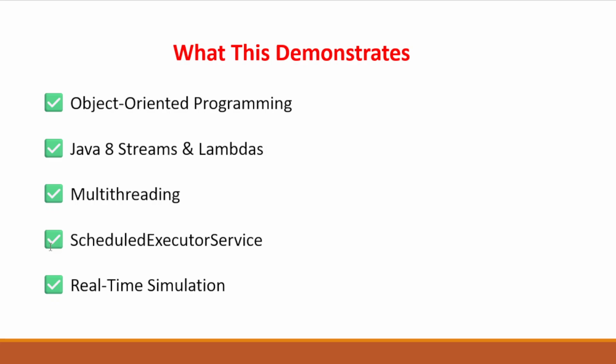After that we will use the ScheduledExecutorService, which will schedule and do the task in the background, so that it can print the live stock exchange system. And we are using real-time simulation here.